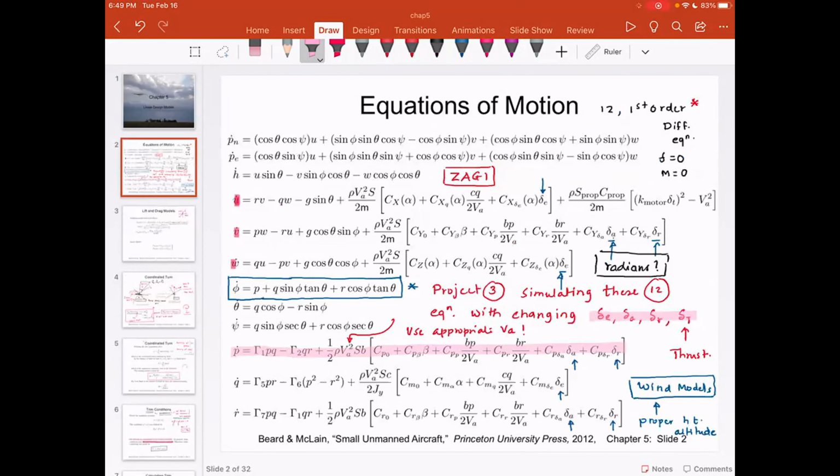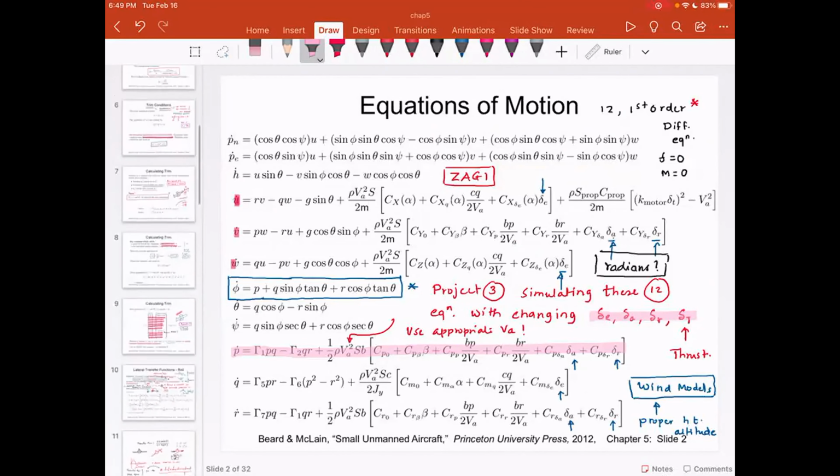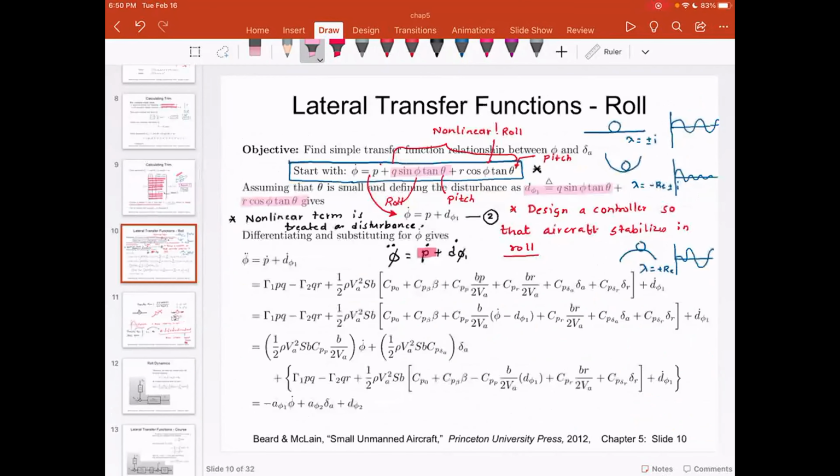That means when I differentiate, I'm able to substitute the equation for P dot in this equation. And that's exactly what happened here. You will notice this part, all the way from here to here, is nothing but P dot.